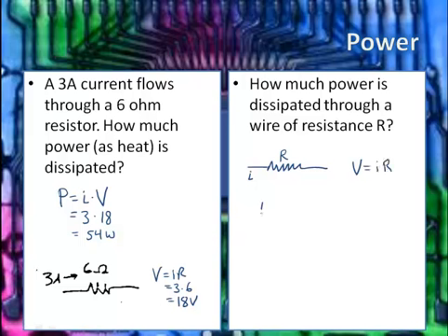If I take my power equation, which is IV, and substitute this in its place, one more formula for power is current times current, which is current squared, times resistance. So that's kind of a fun formula.